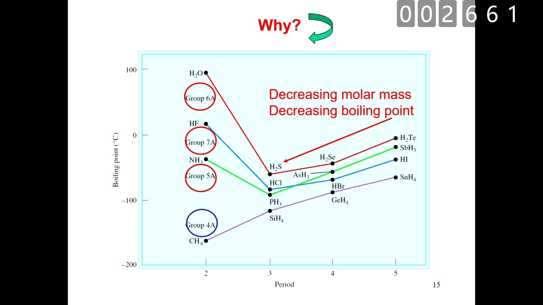Why from this one to this one to this one does the boiling point increase? In this group, why does the boiling point have this increasing trend?